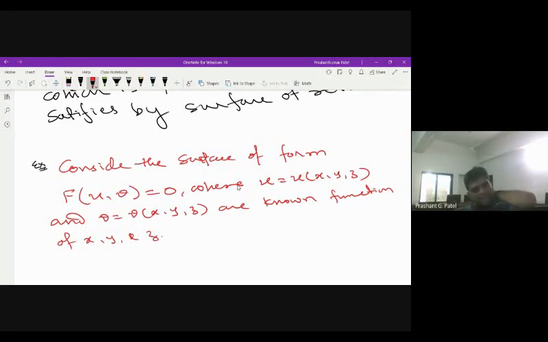And where capital F is an arbitrary function of u and v.